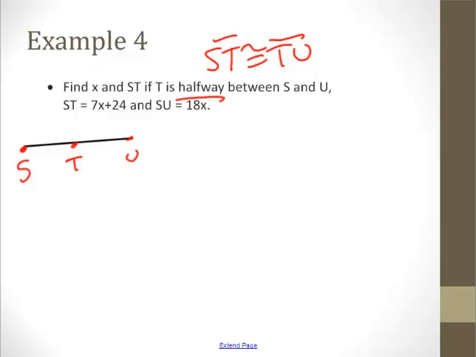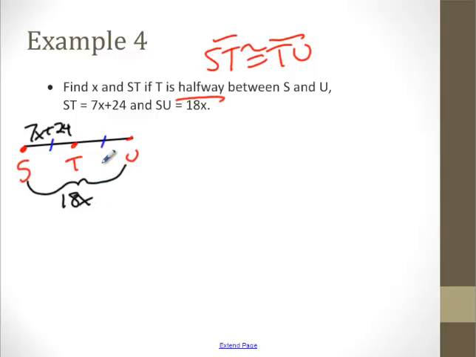So, one mark that we're going to do, anytime we have line segments that are congruent, we actually put a little mark on them in the same color, same type of mark, meaning just one mark here, to show that they're the same. Alright, so ST is 7x plus 24, and the entire thing is 18x.